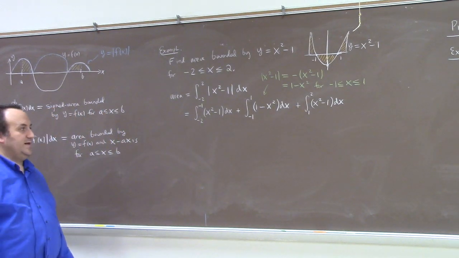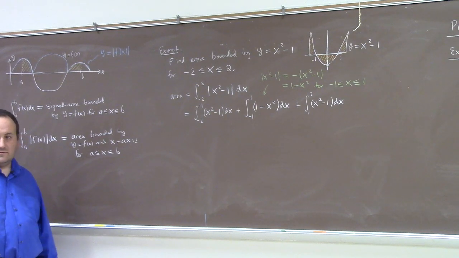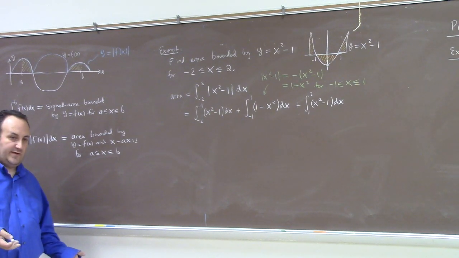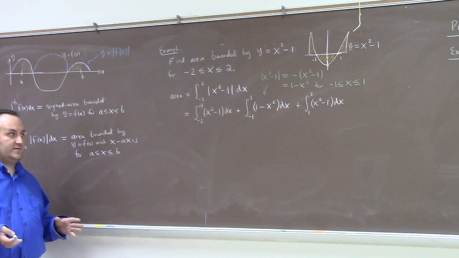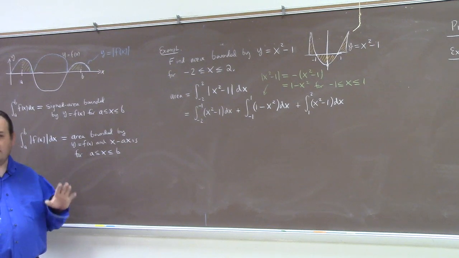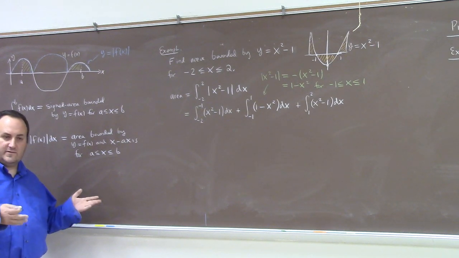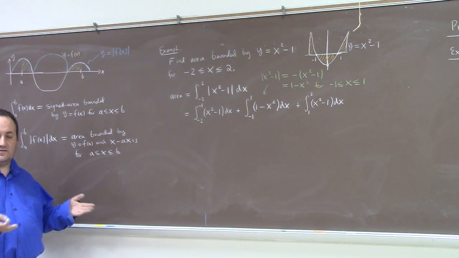Now, there's a way to be lazier here. And let's be lazy since we can. There's a symmetry in this problem that we can exploit, right? If you look at this, the rightmost part of the area and the leftmost part of the area, they're the same shape. This graph is an even function.